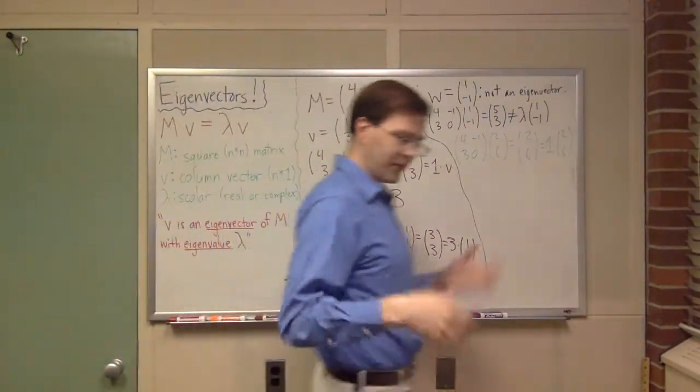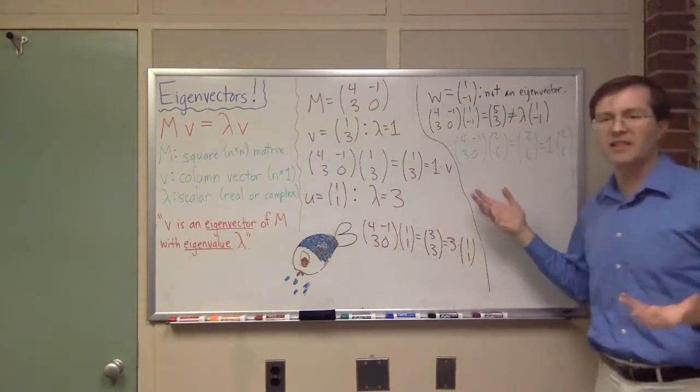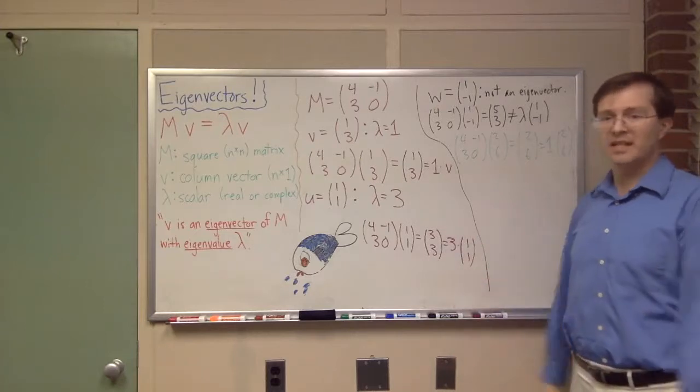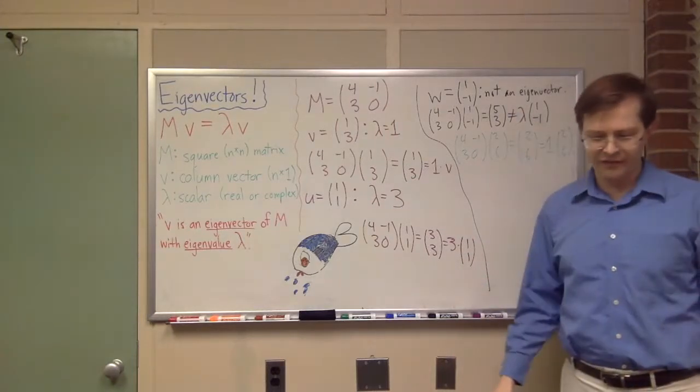Now that's how eigenvalues and eigenvectors work. We find the specific eigenvectors for our matrix, and each one has its eigenvalue, but most vectors won't be eigenvectors.